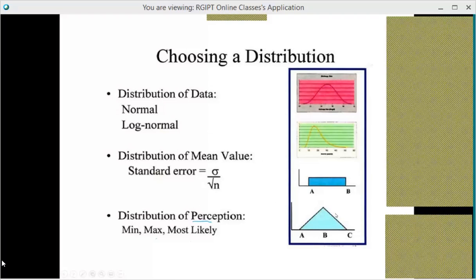So 1P, 2P, 3P. 1P is proven, 2P is proven plus probable, and 3P is proven plus probable plus possible.